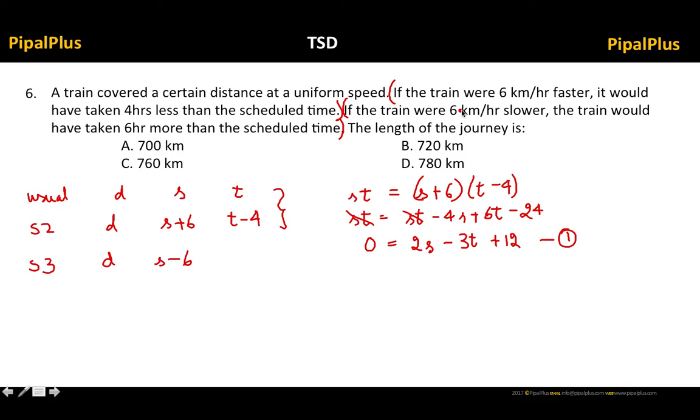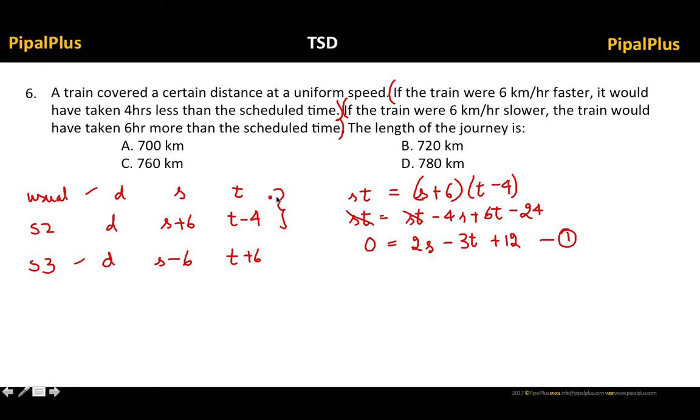Now if the speed is s minus 6, the train takes 6 hours more than the scheduled time, so that it takes t plus 6 hours, right? So again, if we look at the usual situation and the third situation, we have two situations where d is the same, so s1 t1 should be equal to s2 t2, just like I did previously, right?